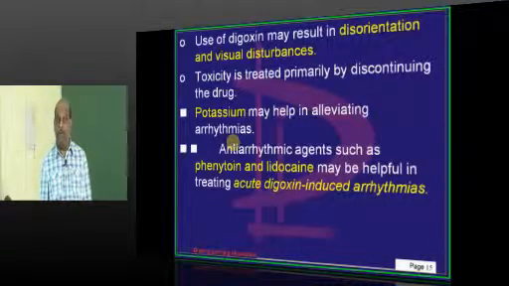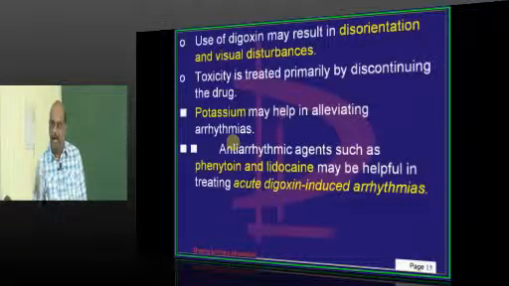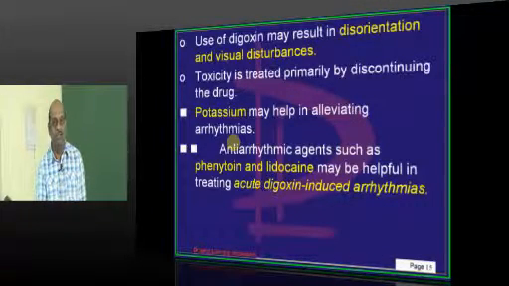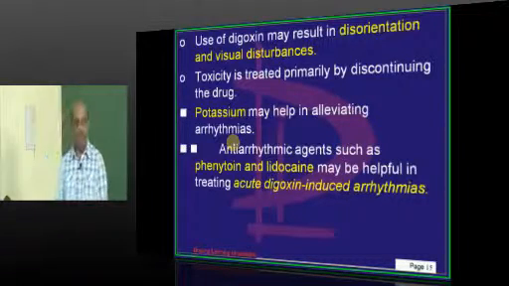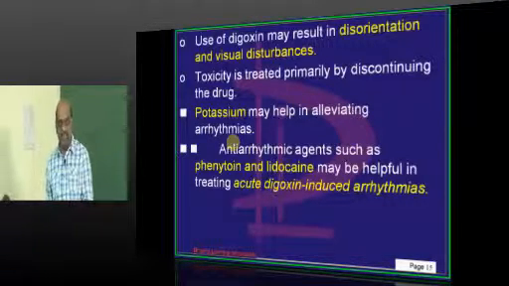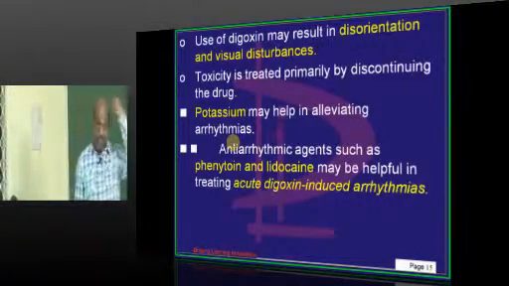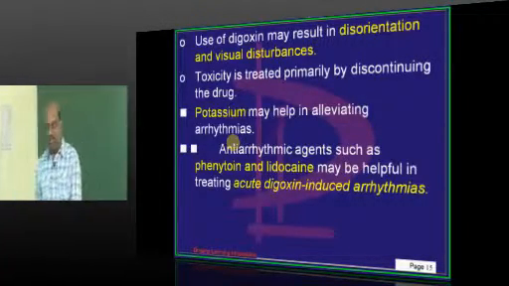On top of it, if outside the cell, in the extracellular space, potassium is already low, will digoxin's job become easy? See, it is preventing potassium, if it is there, from entering inside, hence it is showing its effect. On top of it, if potassium itself is not there, hypokalemia, will digoxin worsen?